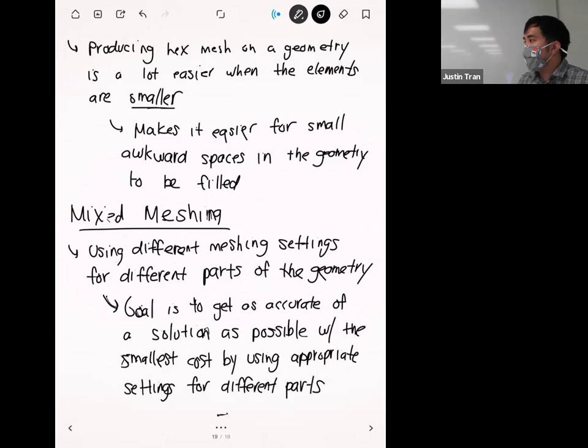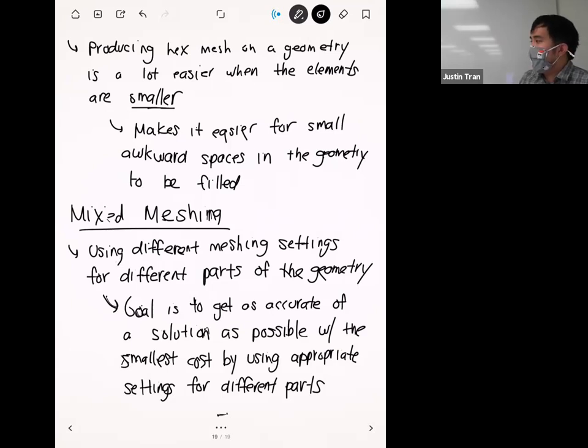But for the parts of your geometry where you expect maybe not that much interesting is going to happen, and you don't really care what happens over there, but you need to include it to apply the boundary conditions, you can probably afford to coarsen the mesh in those areas just to make it more efficient for the things that you're looking for.